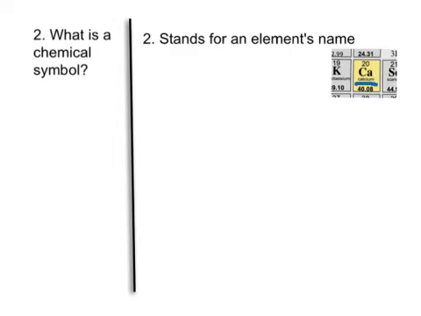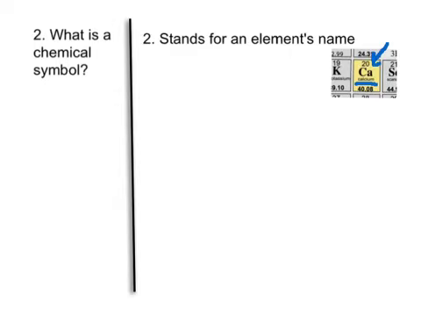It's either going to be 1 or 2 letters. So for calcium, it's Ca. That's the element symbol. So instead of writing out calcium all the time, calcium hydroxide, or calcium iodide, or whatever, all we need to write is capital C, lowercase a, bam, that stands for calcium. So that's what a chemical symbol is.